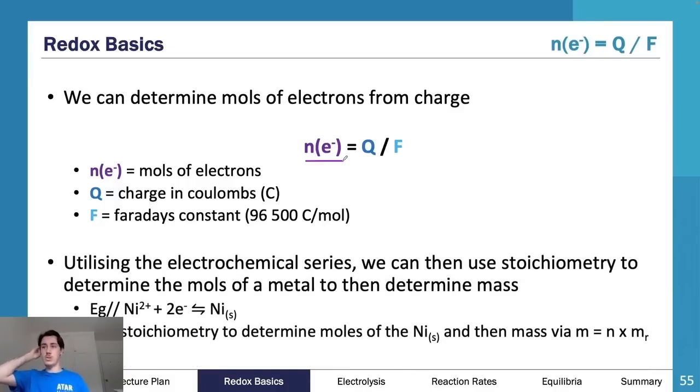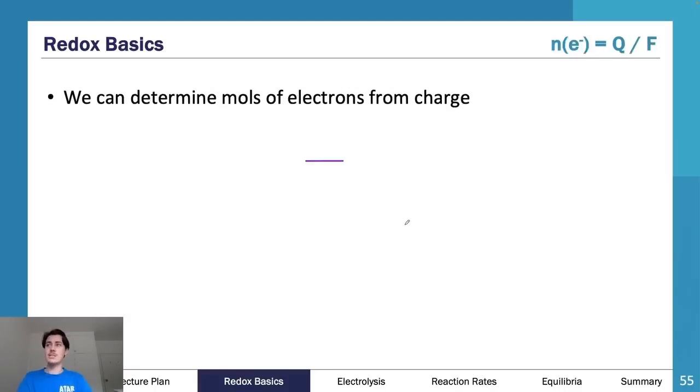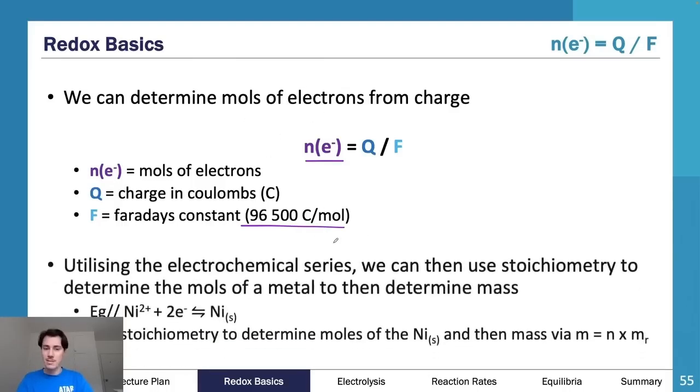We can then determine, using stoichiometric ratios, the mass of our nickel. So these 2 equations need to be used in a flow chart path. You need to know Q equals I times T, and n, the moles of electrons, is equal to Q over F, where F is Faraday's constant. You'll find this in your data booklet, but you should just remember it: 96,500 coulombs per mole.